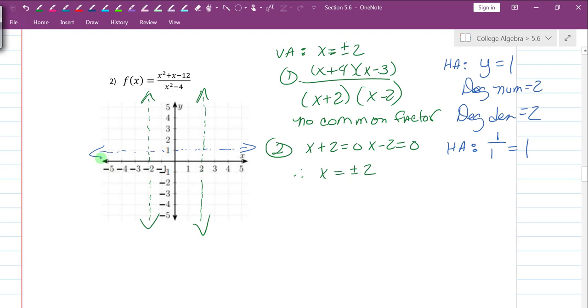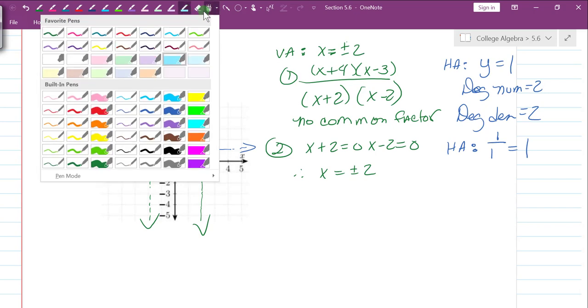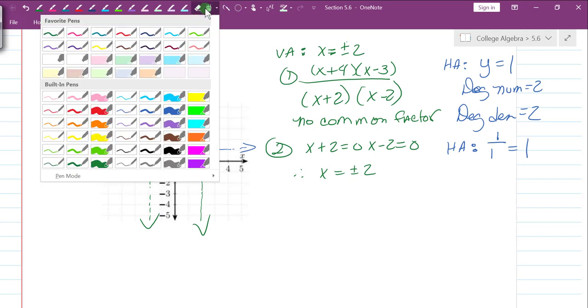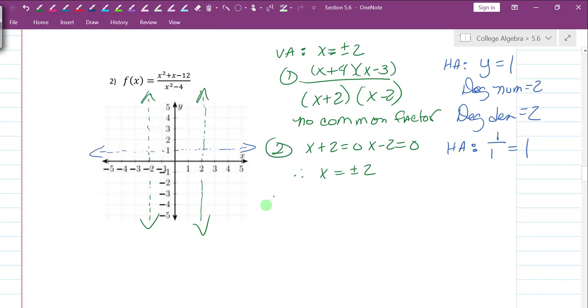Okay, so now I have my horizontal asymptotes and my vertical asymptotes, and so the next thing we're going to do is we are going to solve for our x-intercepts and our y-intercepts. So our x-intercepts look like this. I've already used that color, so let me choose a different color. So our x-intercept, it's going to be some point (x, 0), right? Okay, so to solve this, the first thing we have to do is remove any common factors. We already assessed that right here.